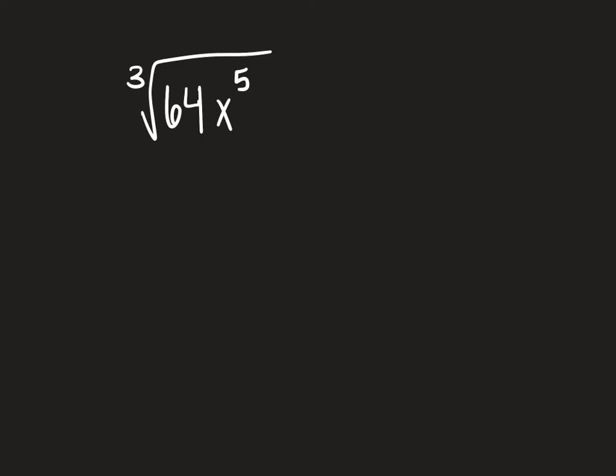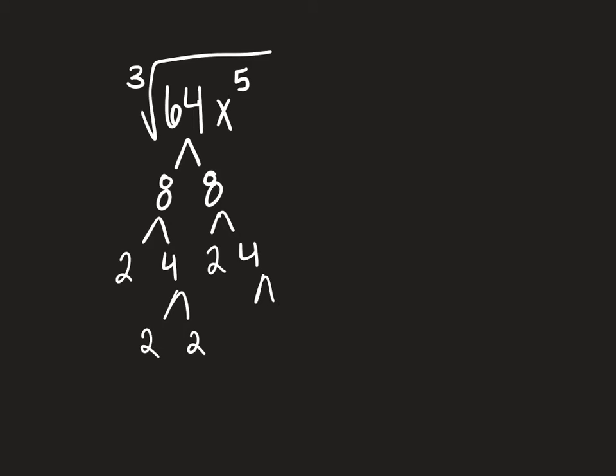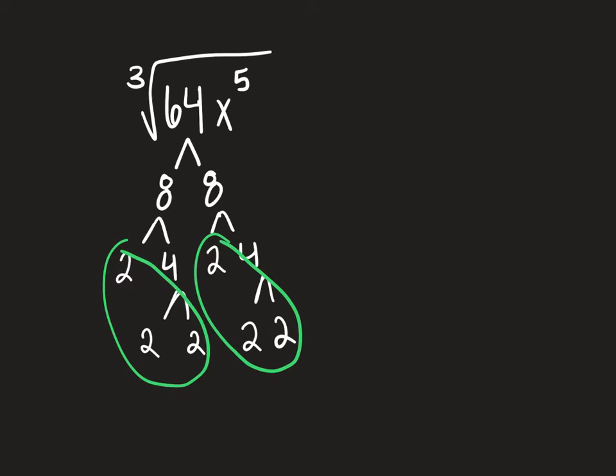So 64 is 8 and 8. And then we have 2 and 4. So we've got 3 here and 3 there. So that means we have a 2 times 2 on the outside.